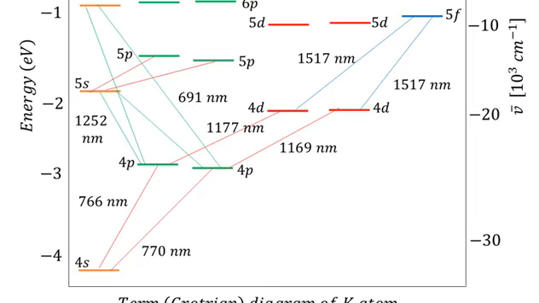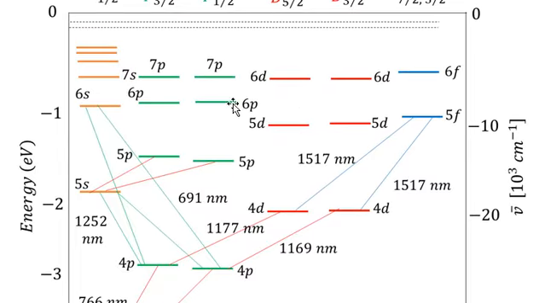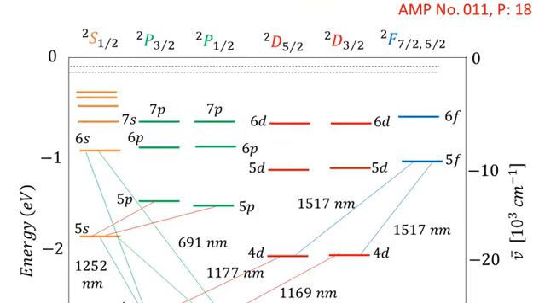If you go to the top, we have 2 levels corresponding to 6p electrons because of the doublet terms. Similarly, 2 levels corresponding to 5d electrons, and 2 terms corresponding to 6d electrons. And I have shown only single terms corresponding to 5f and 6s, assuming that their doublet separation is negligibly small.